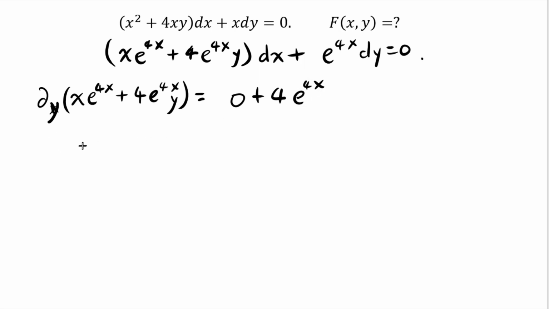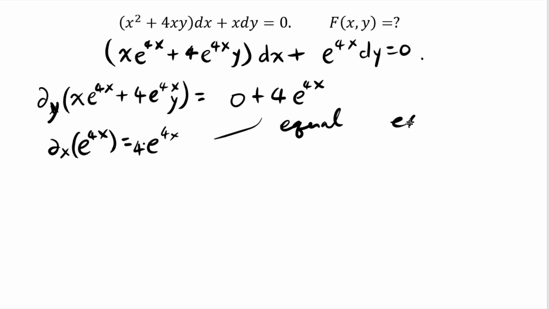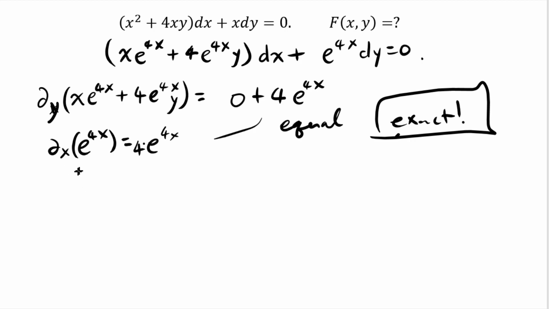On the other hand, if you take the second one and differentiate by x, you get exactly e to the 4x times 4 because of the chain rule, and they are indeed equal. So it's exact. Awesome.